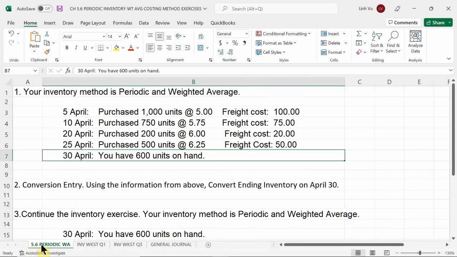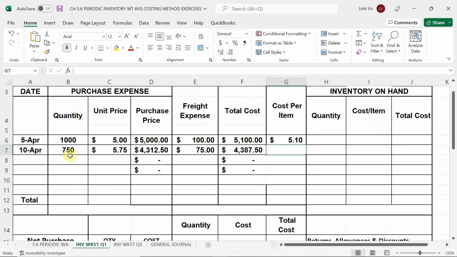Next, right here is April 20th. We purchased 200 units at $6 each with a freight cost of $20. So April 20th, 200 units at $6 each gives you $1,200. Plus the freight of 20 gives you $1,220.